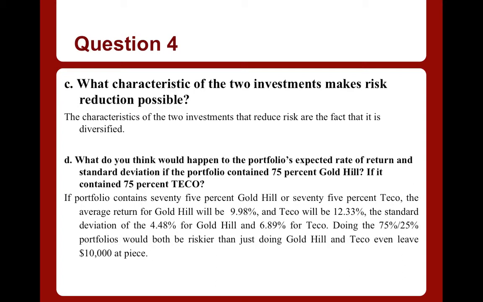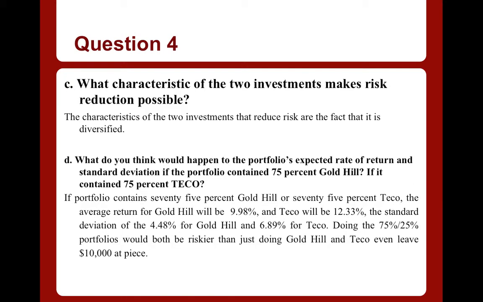Question 4. The characteristic of the two investments that reduces risk is the fact that it is diversified. If the portfolio contains 75% Gold Hill or 75% TICO, the average return for Gold Hill will be 9.98% and TICO will be 12.33%.